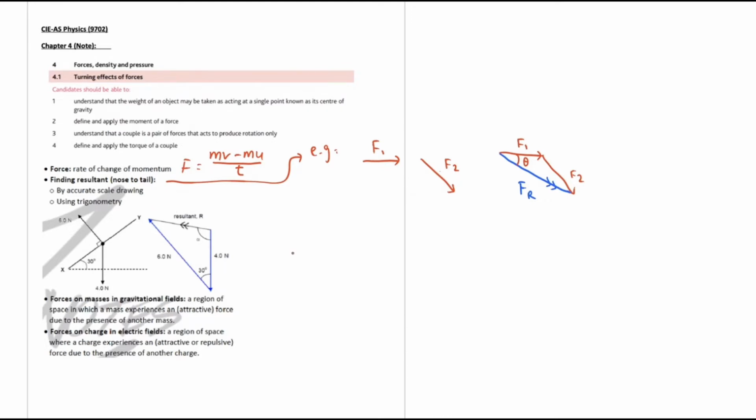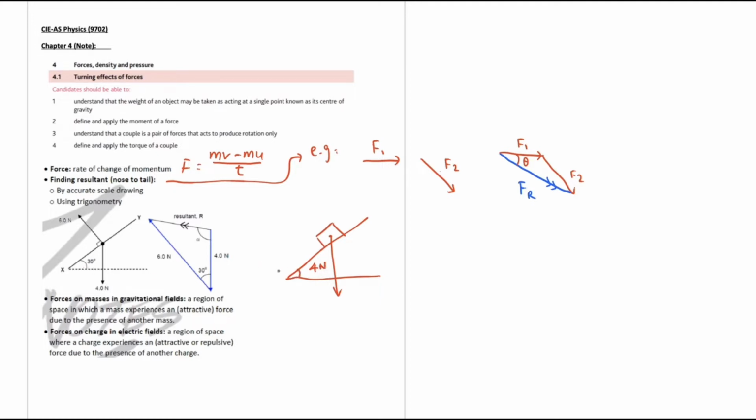So let's say I give you another example. I have an inclined plane again, and I have an object here. The weight is 4.0 Newton, and let's say here is 30 degrees.